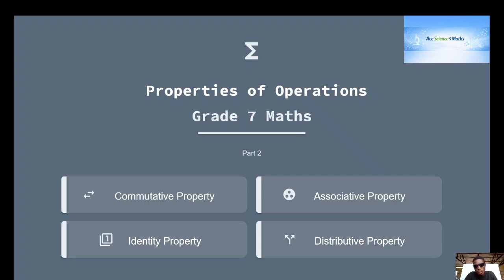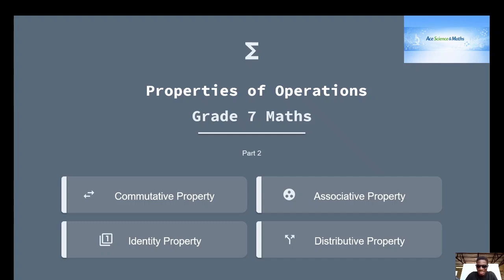And then you should be able to explain how they work with numbers and variables. Variables are just letters, A to C, we use to represent an expression. So these are some of the things that you have to understand at the end of this video. And finally, you should be able to apply these properties to simplify expressions.